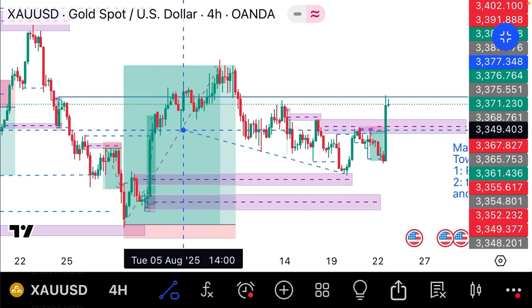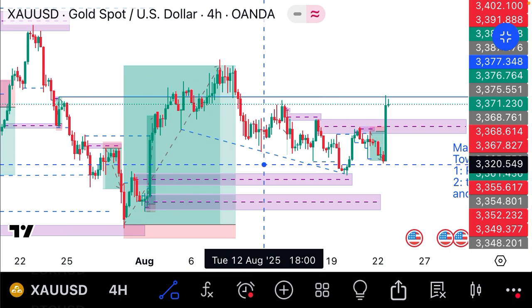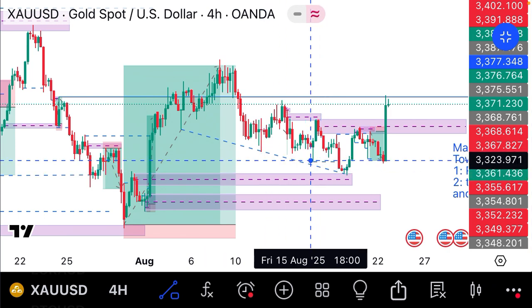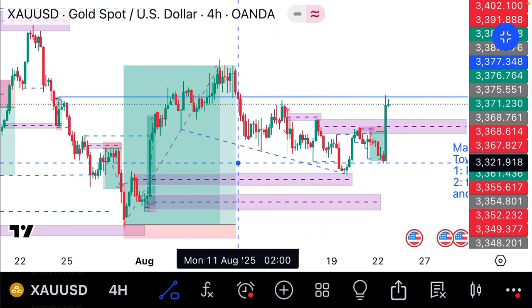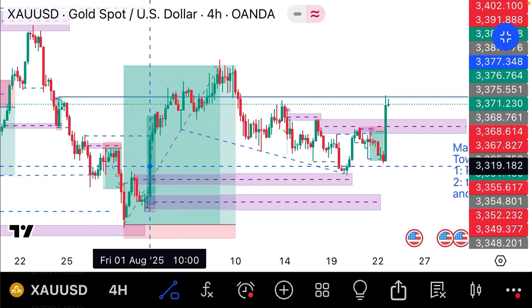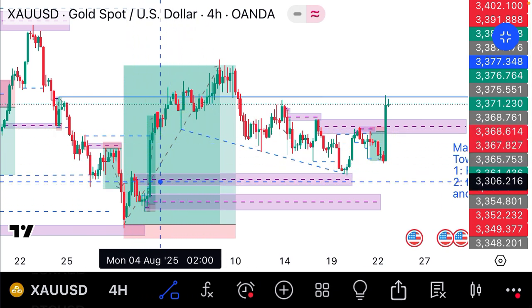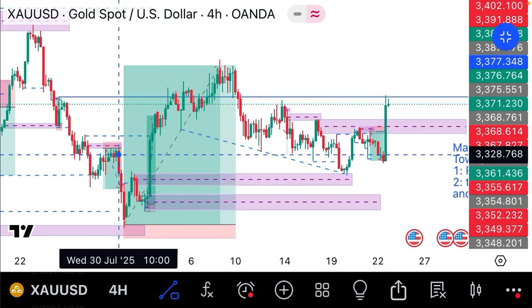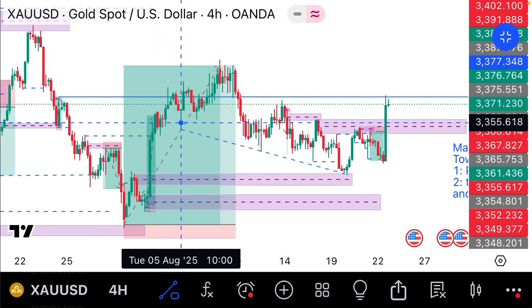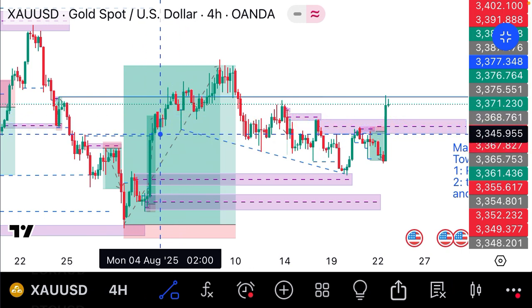This is liquidity. This is also another liquidity. This is close to this breaker block. We can still use only this because it is close to this and to this. So we can still use this as our inducement.